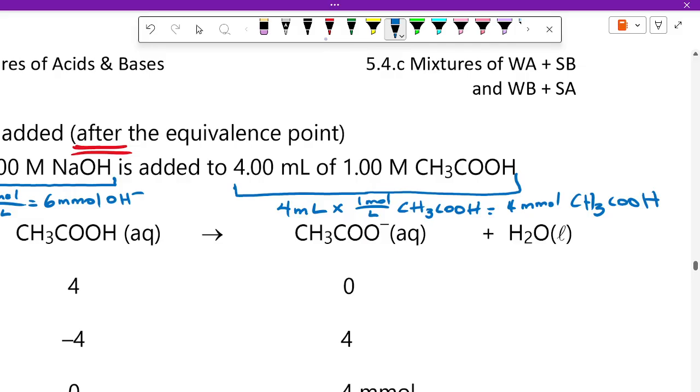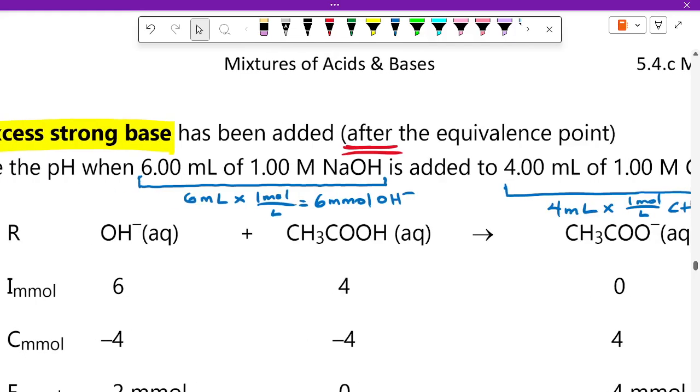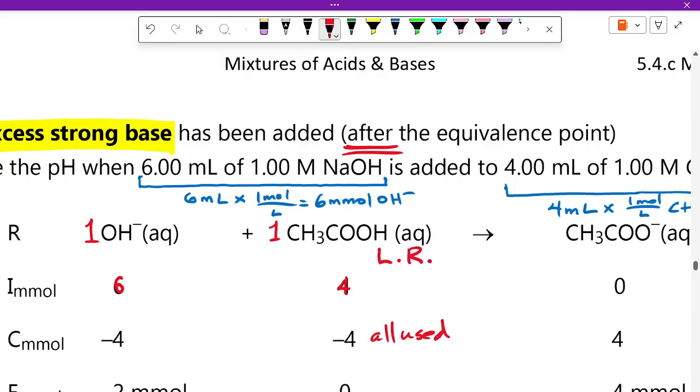Those two react in a 1-to-1 fashion. So if we have 6 OHs and 4 acetic acids, who is our limiting reactant? Acetic acid is our limiting reactant. So it gets all used up.